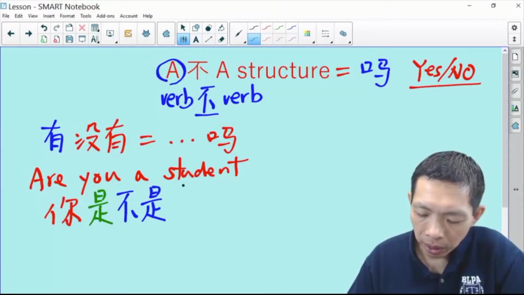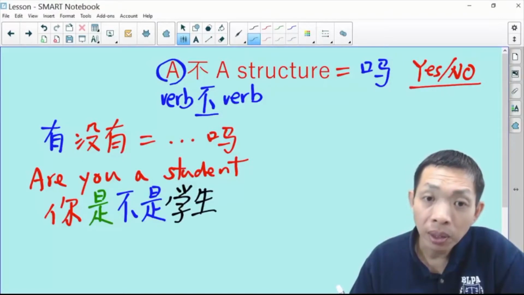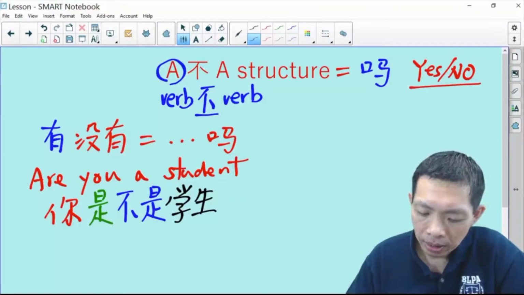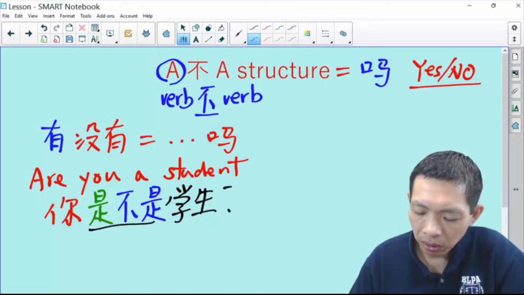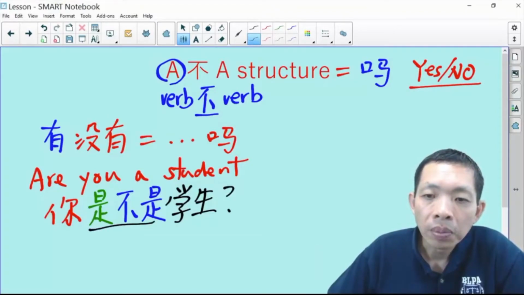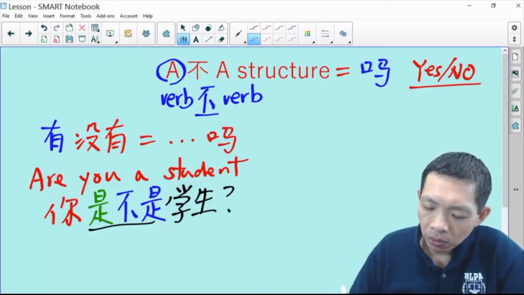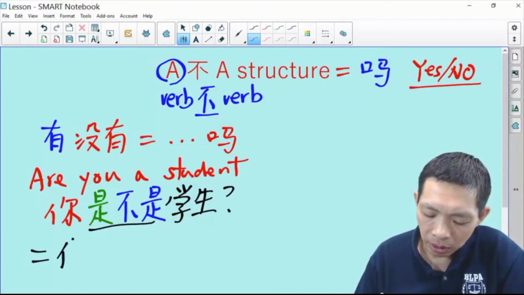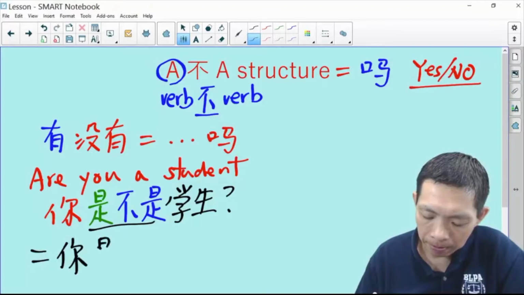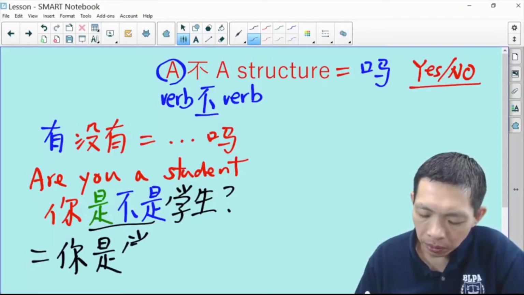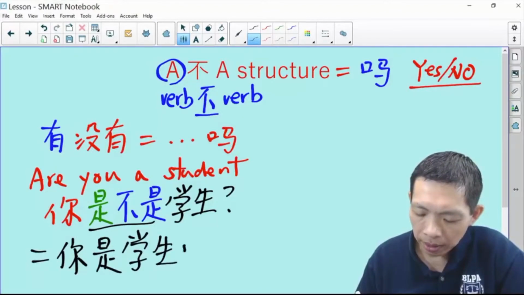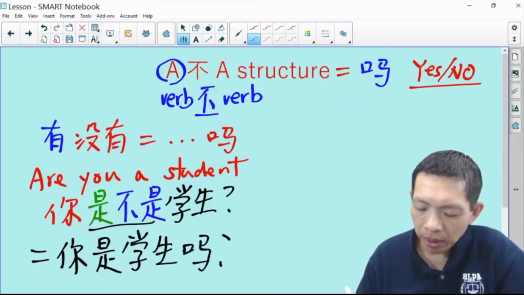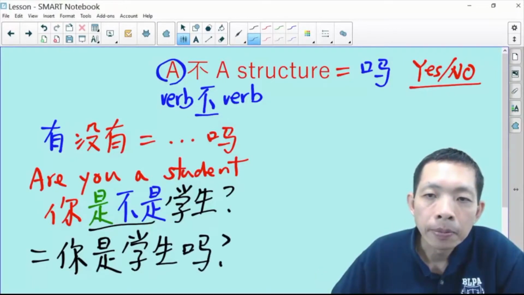And then 学生. And in this case, you do not add ma to the end because that's using the ABA structure. So you put a question mark, and it's the same thing. 你是学生吗? So this one is the same thing as 你是学生吗? So they're the same thing.